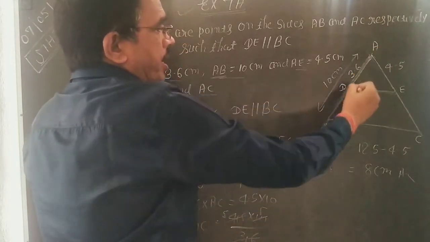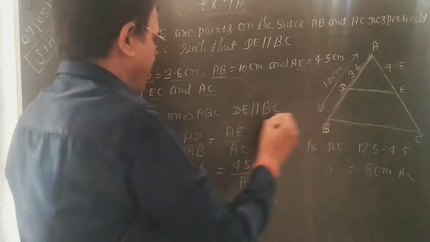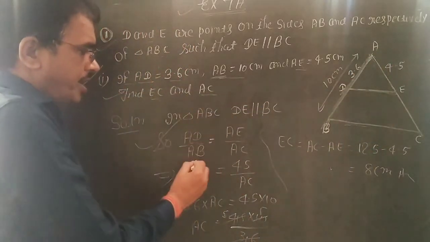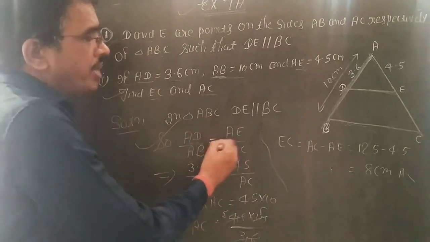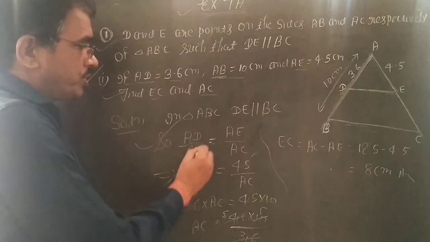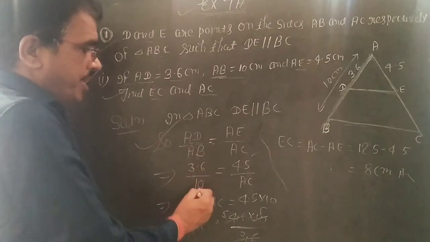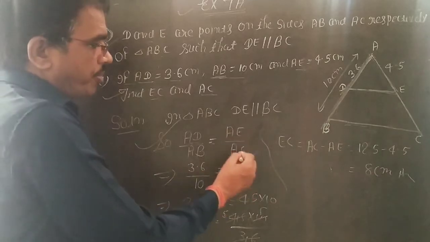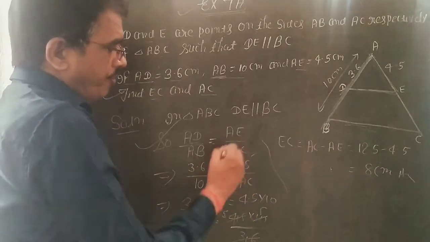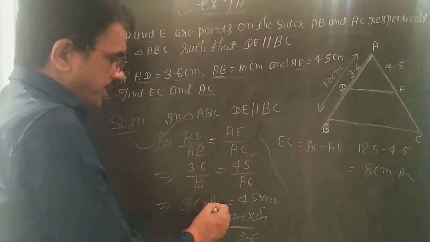So we write, if DE is parallel to BC, AD by AB is equal to AE by AC. Now substitute their values. AD is equal to 3.6 cm, AB is equal to 10 cm, AE is equal to 4.5, and AC you have to find. Cross multiplication: 4.5 into 10, AC into 3.6.